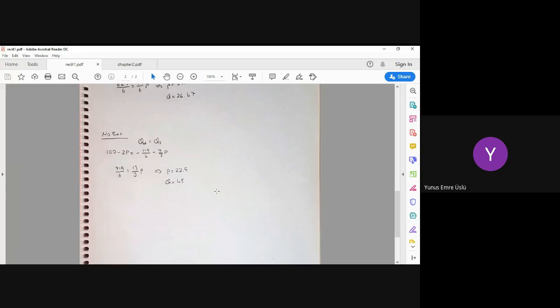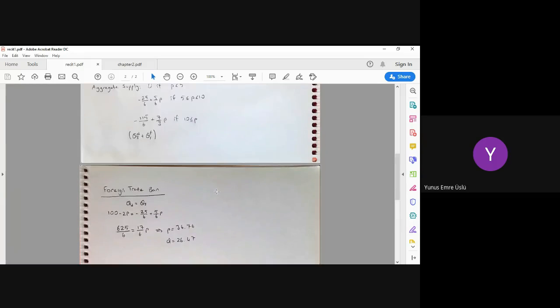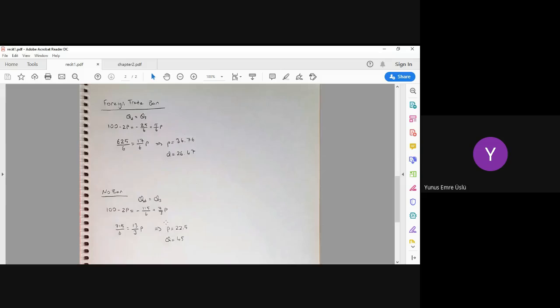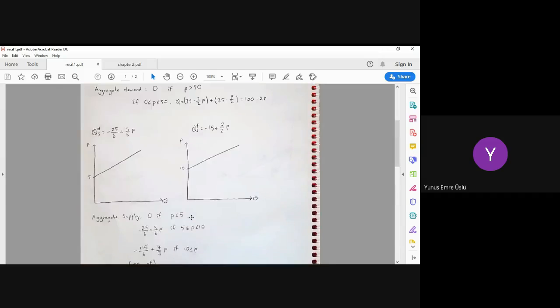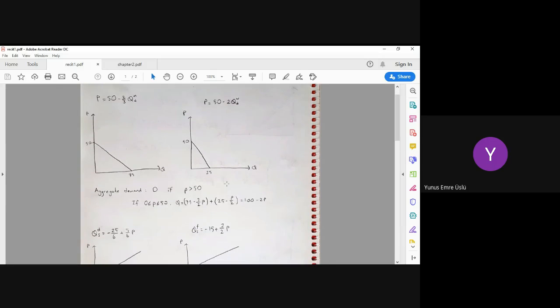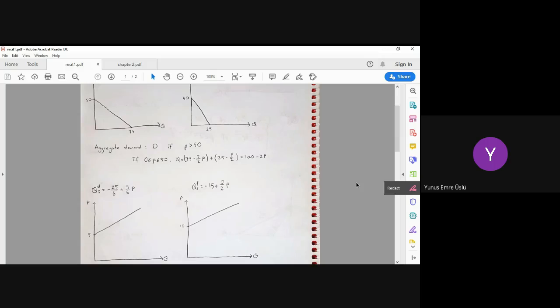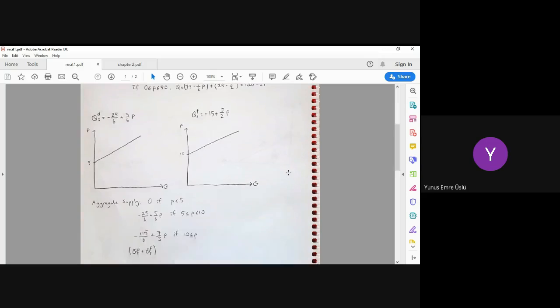But again, we need to check the previous conditions. The price is 22.5. We assume that both types of consumers are demanding that good. The price is less than 50, so both men and women demand oranges at the price of 22.5.